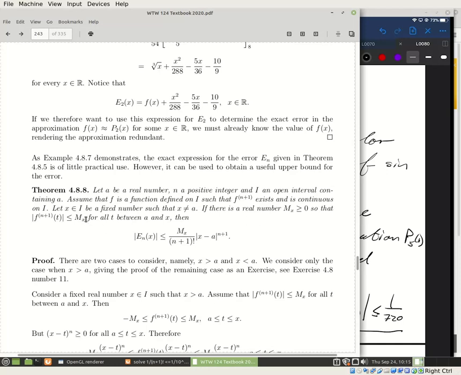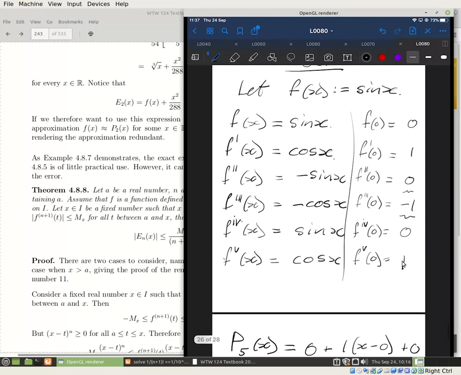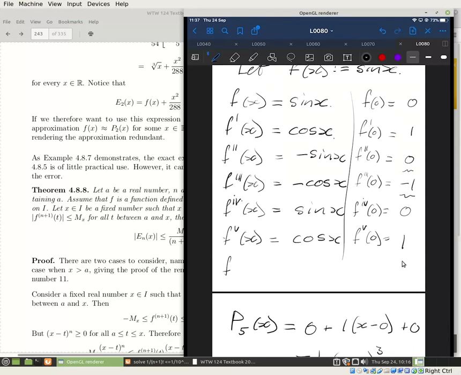All that we need is a bound for the sixth derivative for all numbers between a and 1. We have already determined up to the fifth derivative, so let's determine the sixth derivative for good measure.